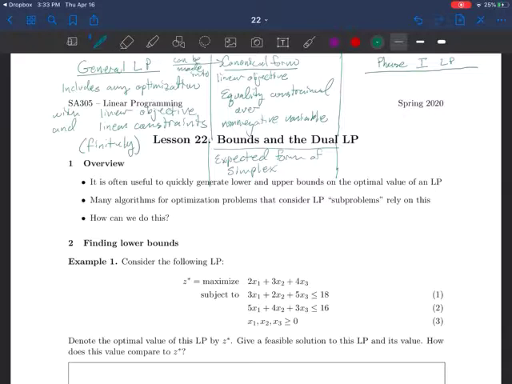Then this week, what you've been thinking about is the phase 1 LP. And this is starting from canonical form.